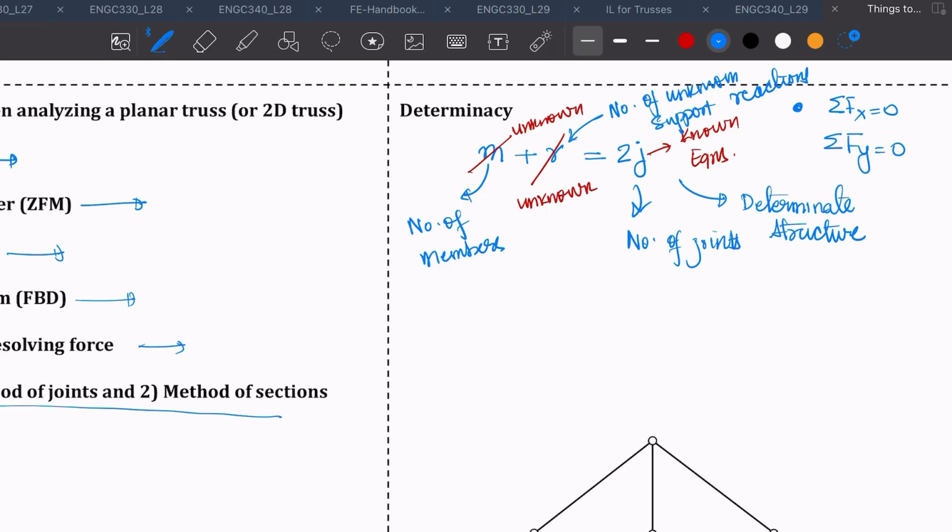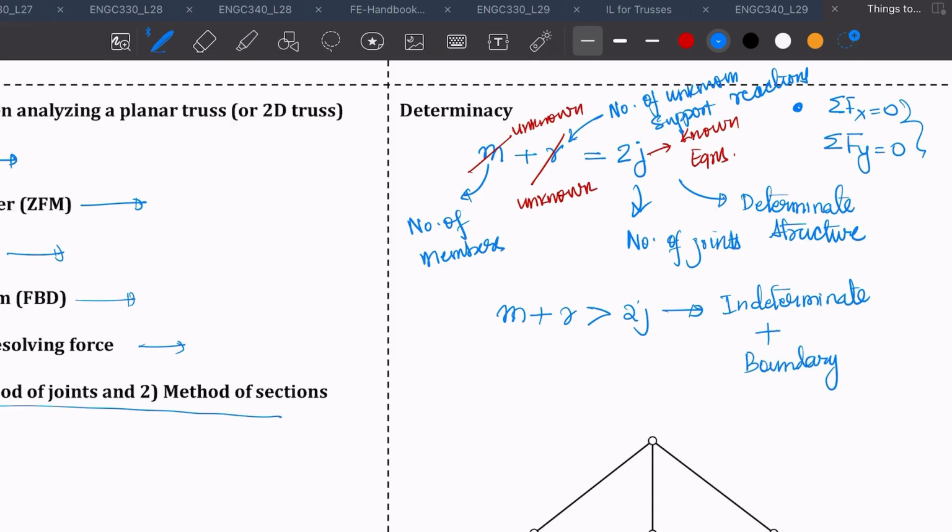So if these are equal, then we call it determinate. If m plus r is greater than 2j, then we say that it is indeterminate, which means that you cannot use this equation to solve your unknown numbers. So you will need plus boundary condition.